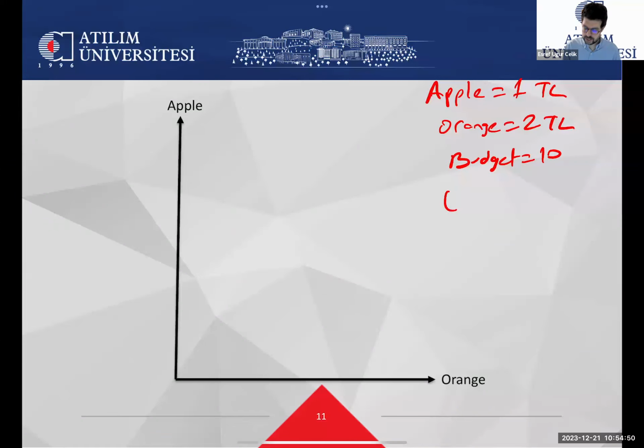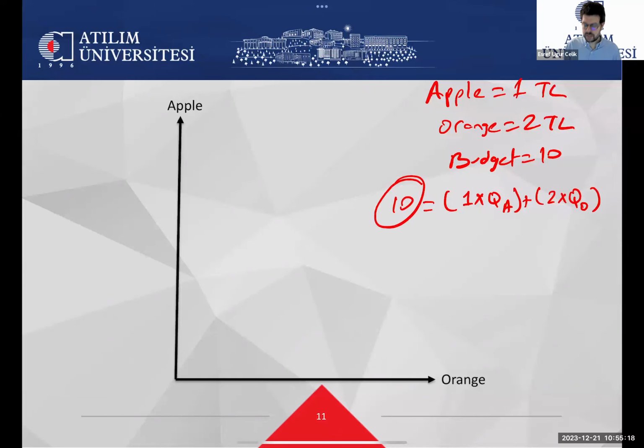Let's write the budget equation. 1 multiply quantity of apple plus 2 multiply quantity of orange, that is equal to budget 10. Okay. For finding the point of apple and orange, we find the maximum amount of what we get.